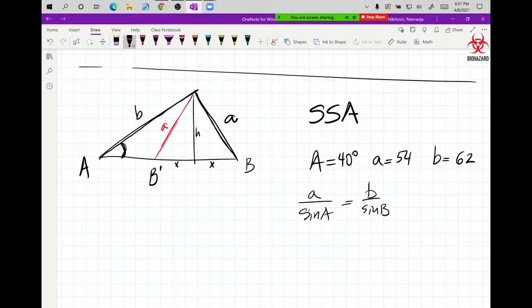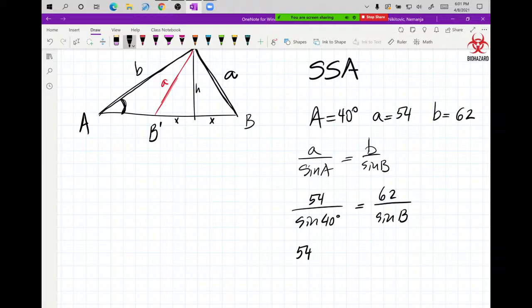So cross multiply over here. Actually, let me plug in the numbers. A is 54 over sine of 40 degrees is equal to 62 over sine B.